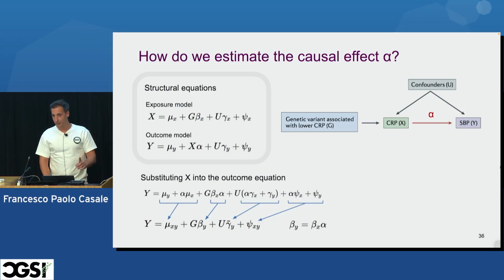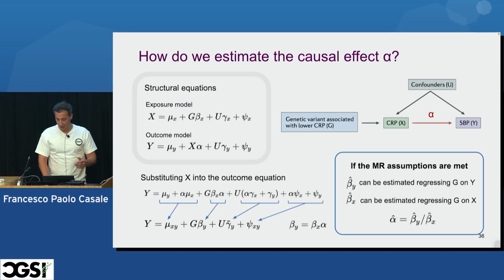And now if the assumptions of Mendelian randomization are met, you can estimate beta Y by regressing G on Y and beta X by regressing G on X. And then your estimate of the causal effect is the ratio between these two estimates.